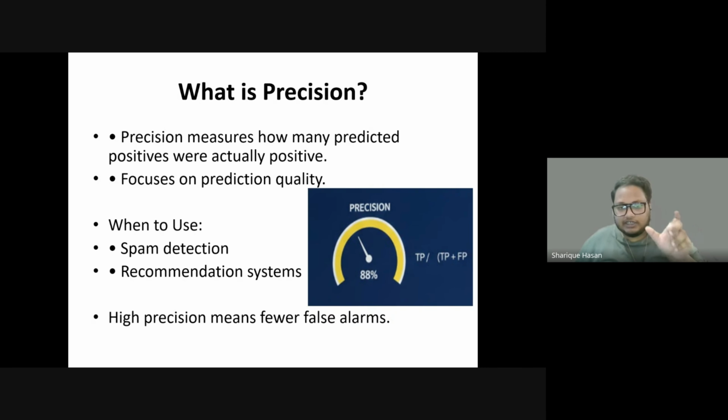So 70 is predicted positive and 30 is negative. Of the 70 predicted positives, the actual correct, the true positives, are only 60.